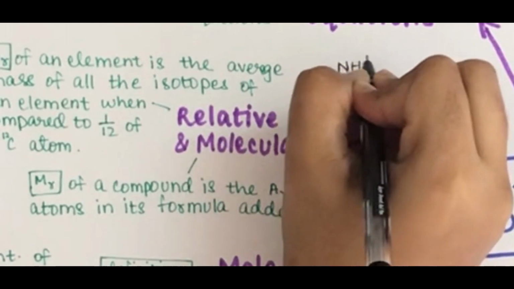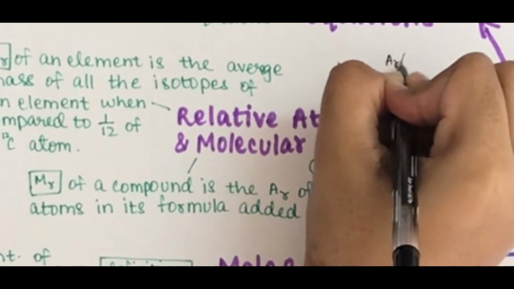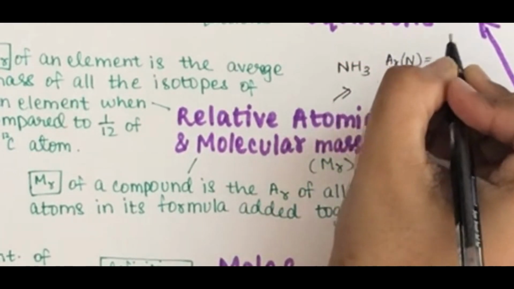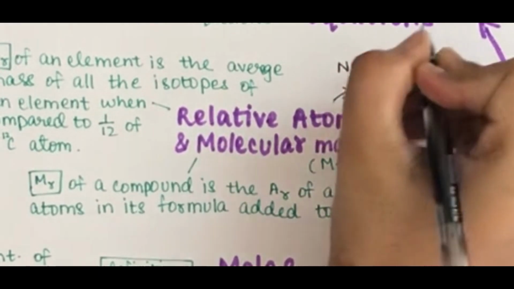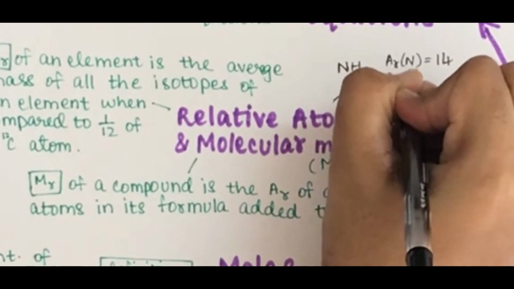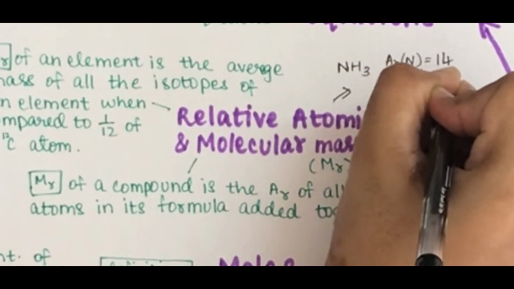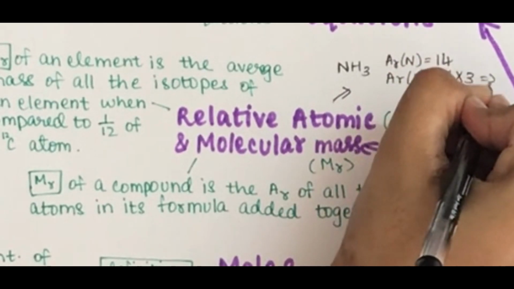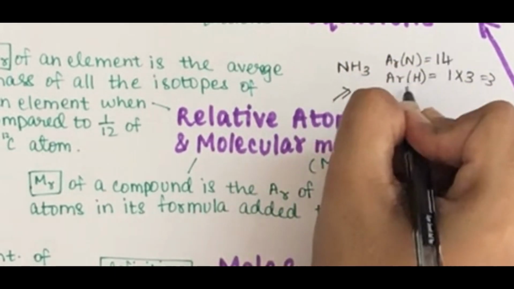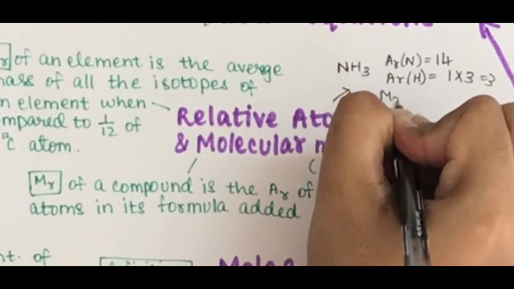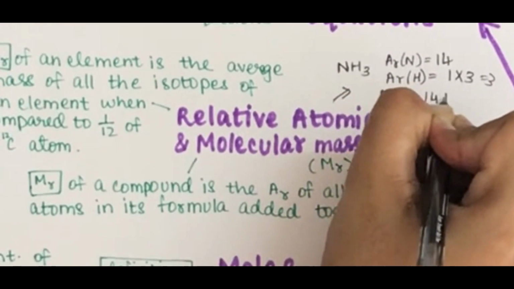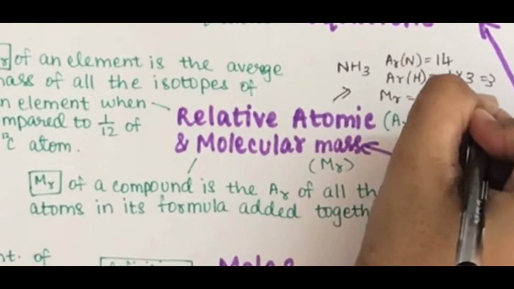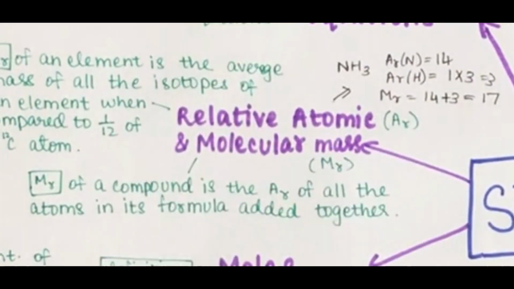Now Ar of nitrogen is equal to 14 and the Ar of hydrogen is 1 into 3 because there are 3 of them, so that becomes 3, and since you add these two together, Mr becomes 14 plus 3, which is 17. So 17 is the molecular mass of ammonia.